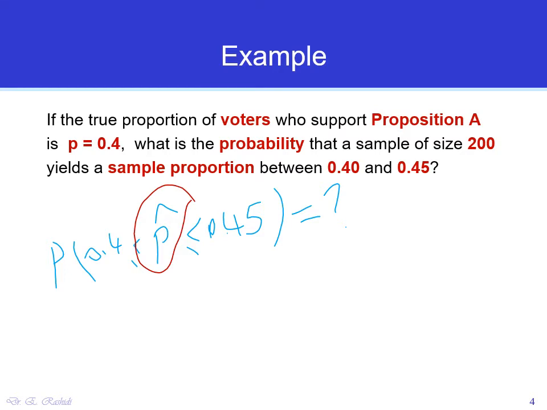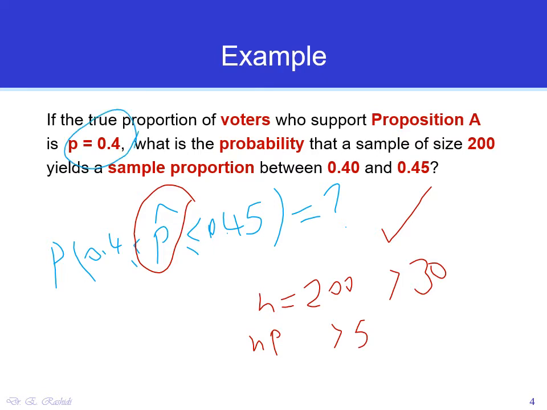Well, let's check if P hat is eligible to follow a normal distribution. First of all, N is here 200, which is large enough. So we're going to check the other two conditions. N multiplied by P must be greater than 5. N here is 200 multiplied by P, which is 0.4. So N multiplied by P is 80. 80 is greater than 5, yes.